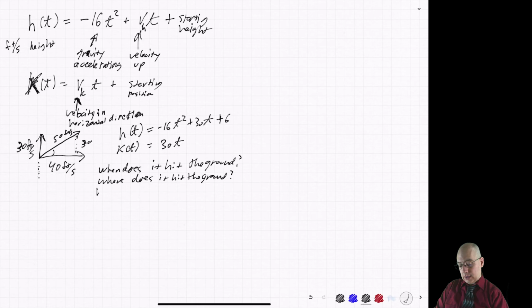What else? How high does it go? What is that height? And what does this trajectory look like?